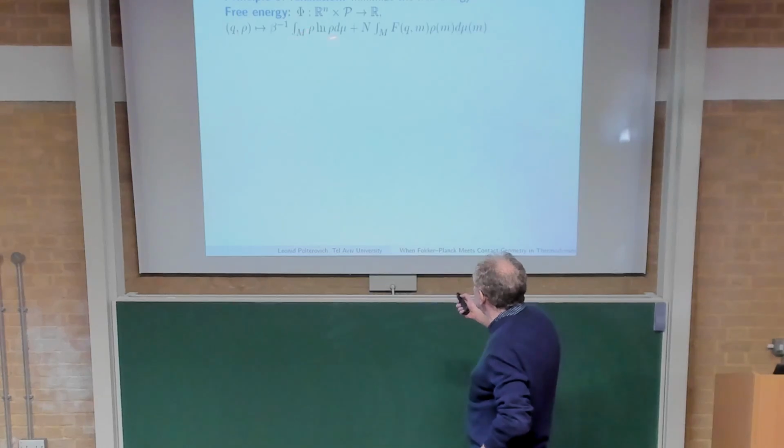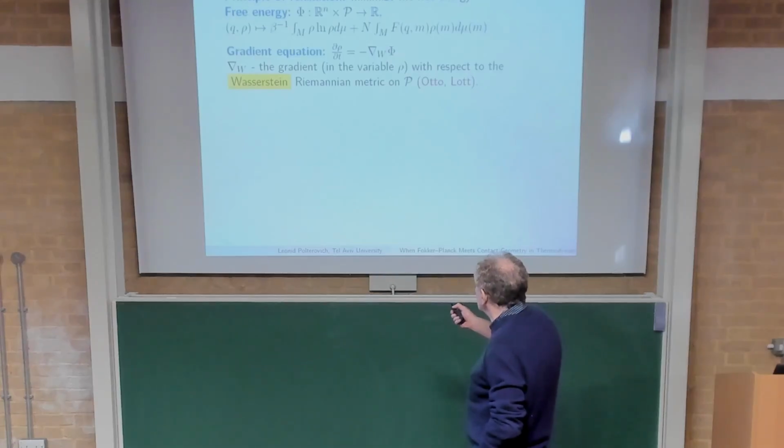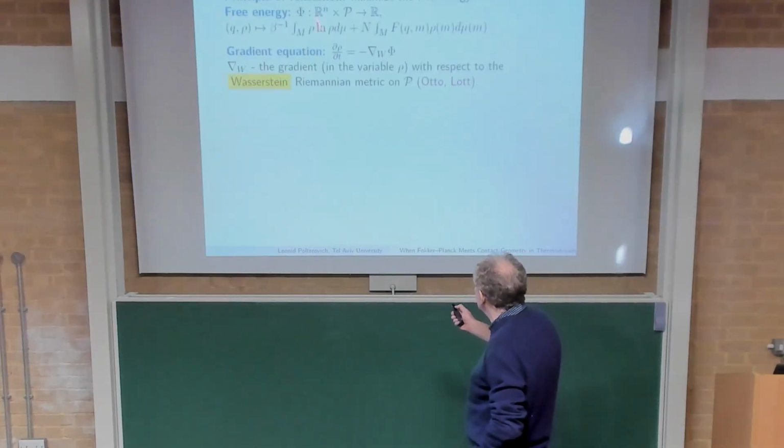Yeah, so we want to minimize this thing over all rho. So what does it mean? We'll solve the gradient equation d rho dt equals minus gradient phi.